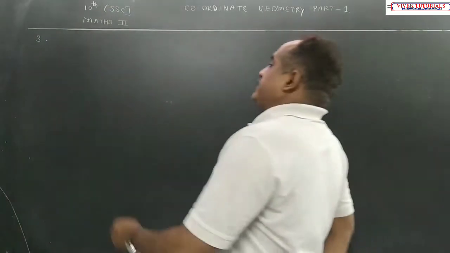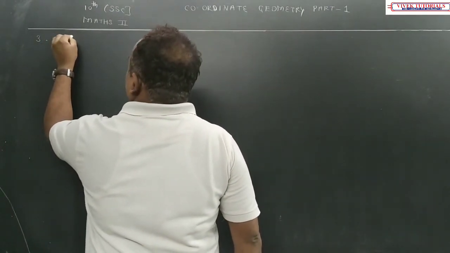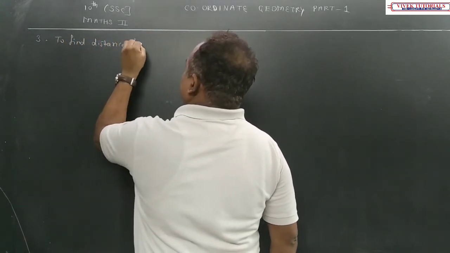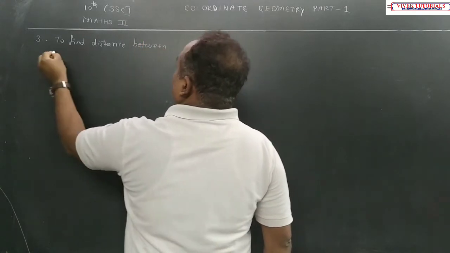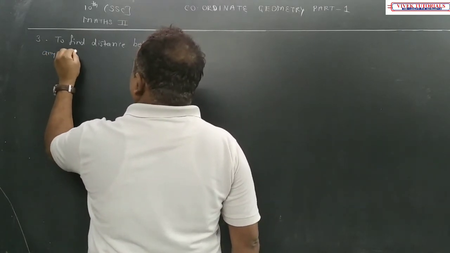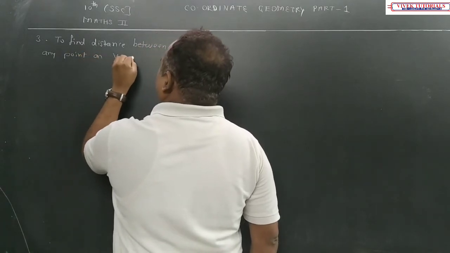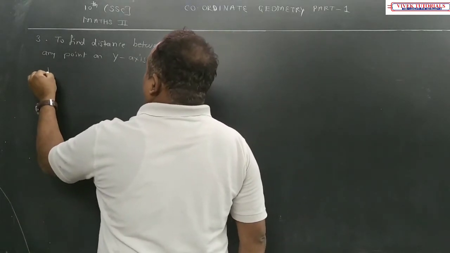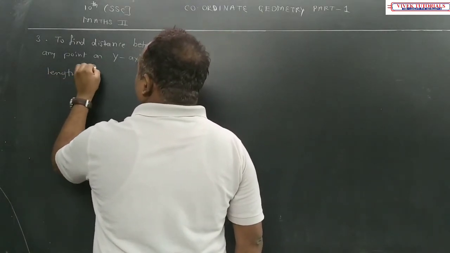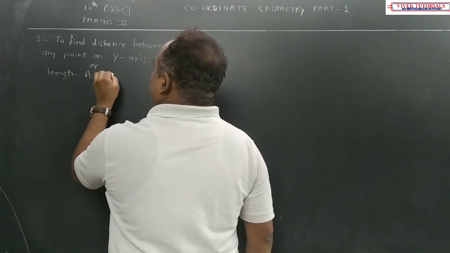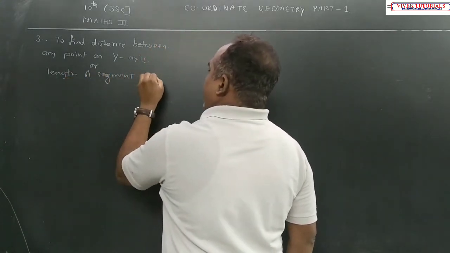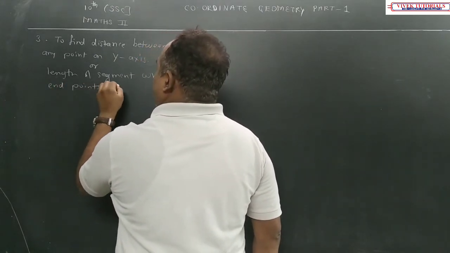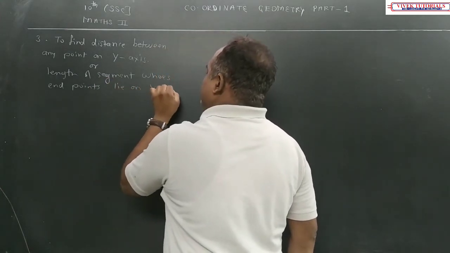Now, the third point is to find the distance between any two points on the y-axis, or the length of a segment whose endpoints lie on the y-axis.